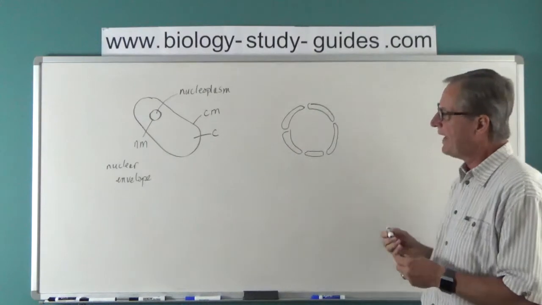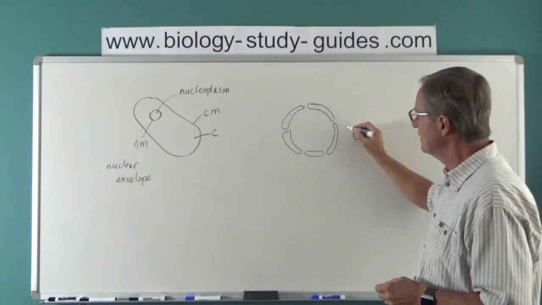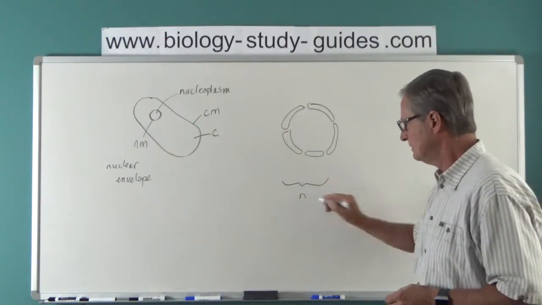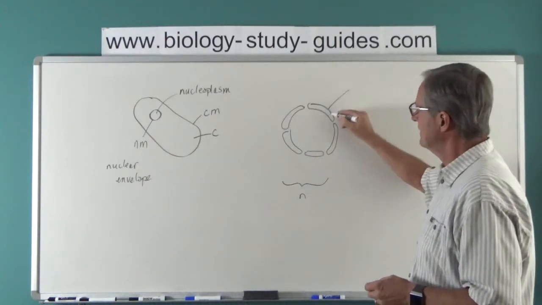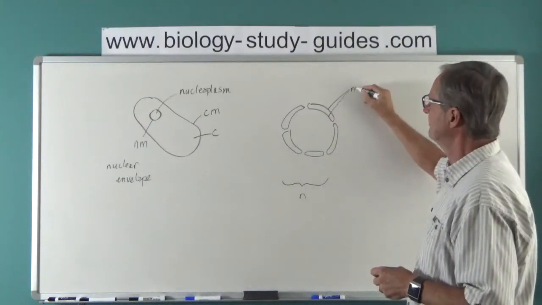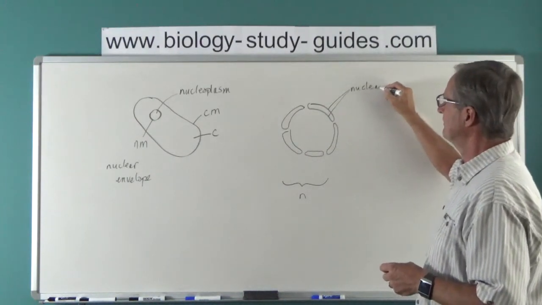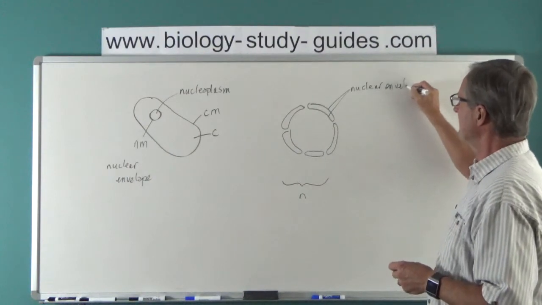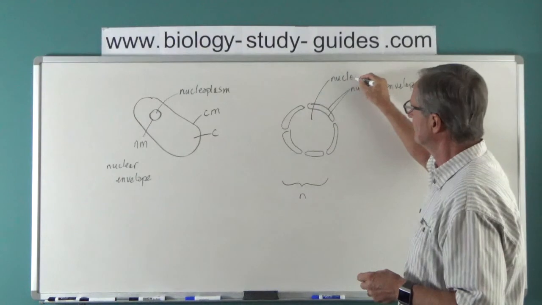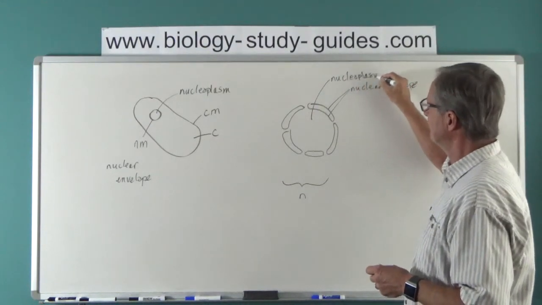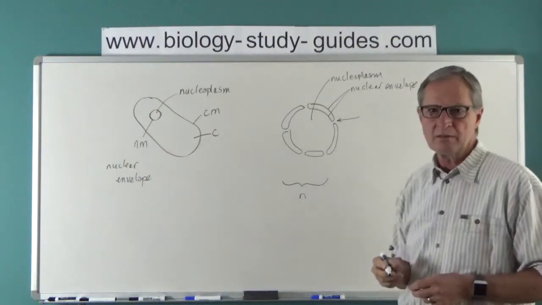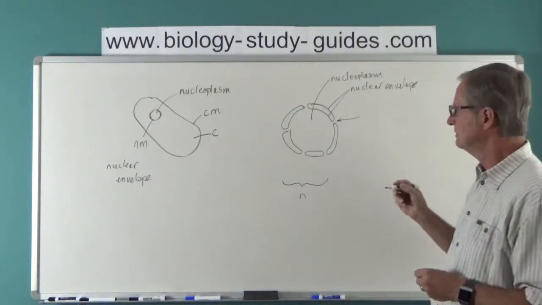Okay, so what we have here is the nucleus itself, the nuclear envelope, or the nuclear membrane, the nucleoplasm in here, and we've got holes in it.